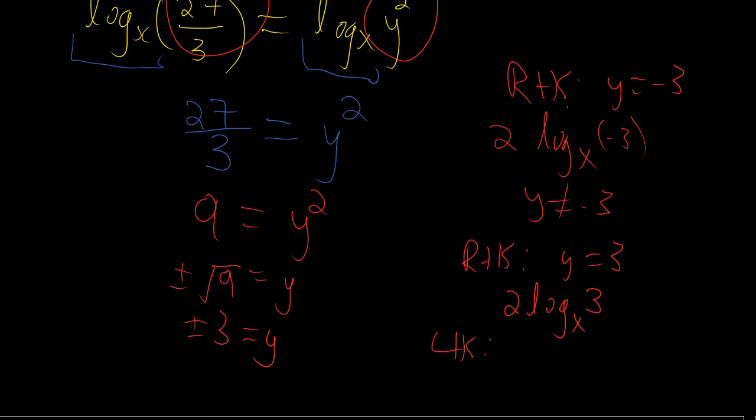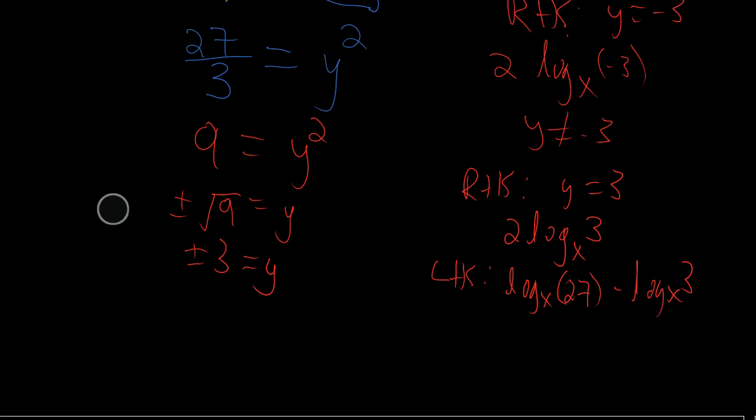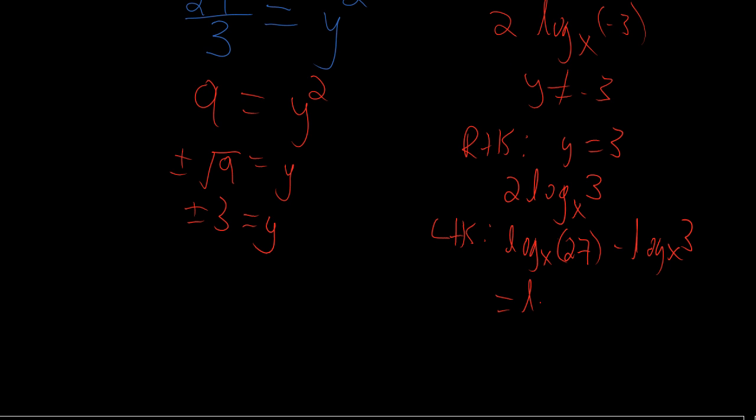The left-hand side is going to be log base x of 27 subtract log base x of 3, which when we write as a single logarithm is no different than what we just did, which tells us log base x of 9.